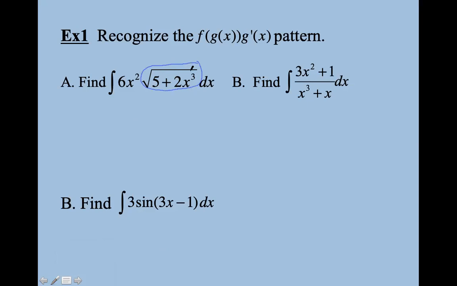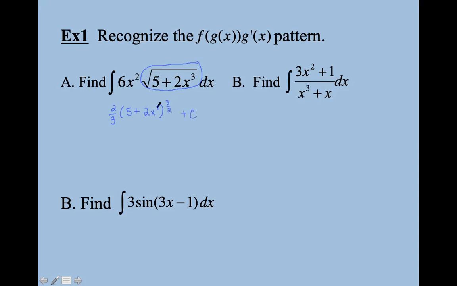So the antiderivative using the general power rule, 1/2 plus 2/2 would be 3/2. So I'd end up with 2/3 times 5 plus 2x cubed to the 3/2 plus c.